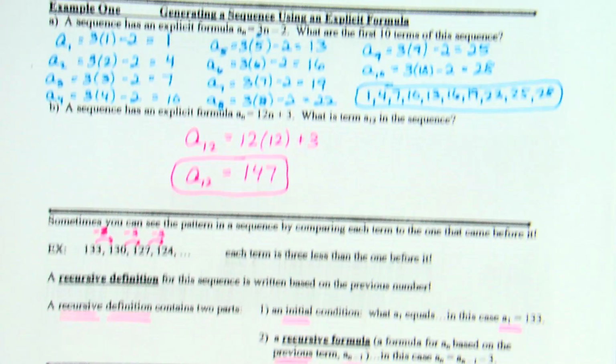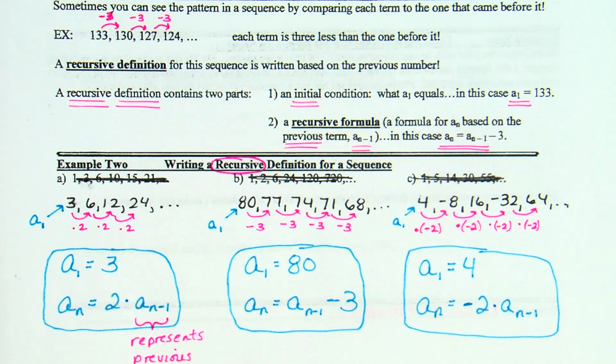Then, we started talking about recursive definitions. With a recursive definition, you had to have two pieces. Do you remember those two pieces? The beginning value, which means you just had to state what the first term is: A of 1 equals blank. And then you had to give your formula.